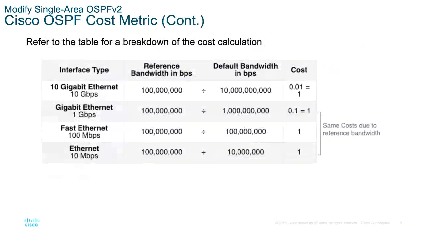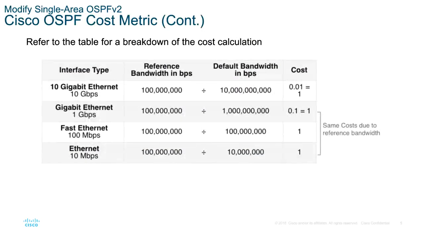So if you look at how this works, it was designed with Ethernet in place. So you do the calculations. Ethernet 10 megabits is 1, fast Ethernet is 1, gigabit Ethernet is 0.1, so it's 1. 10 gigabit Ethernet is 0.01, which rounds off to 1.